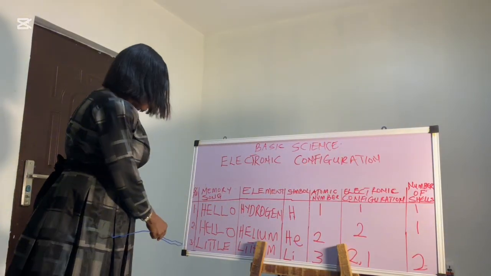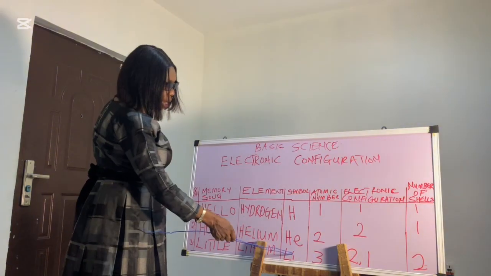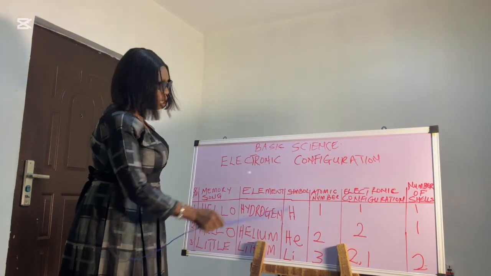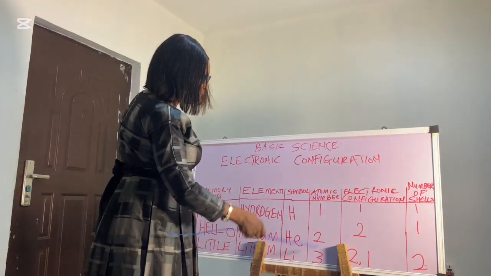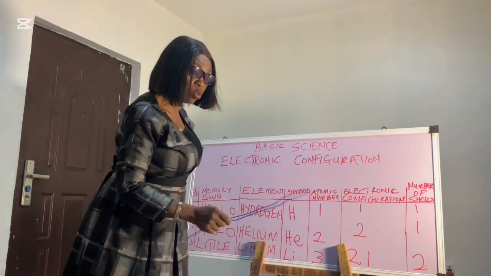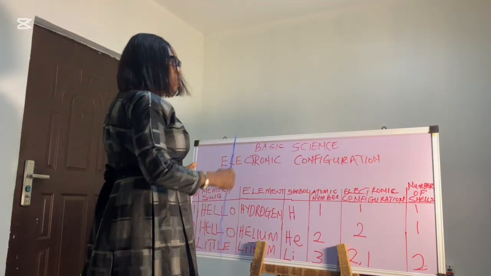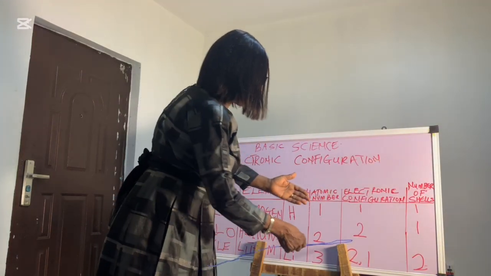Then for lithium, that's the third element. Li is the symbol all over the world. The atomic number of lithium, since we have number 3 here, is 3. Then the electronic configuration: the innermost shell which follows the nucleus, like we all know, takes 2.